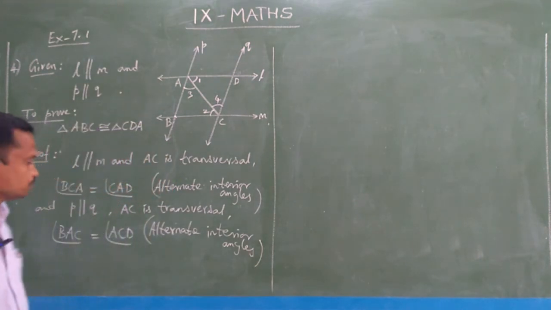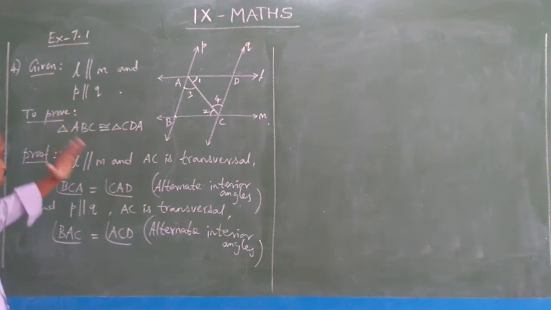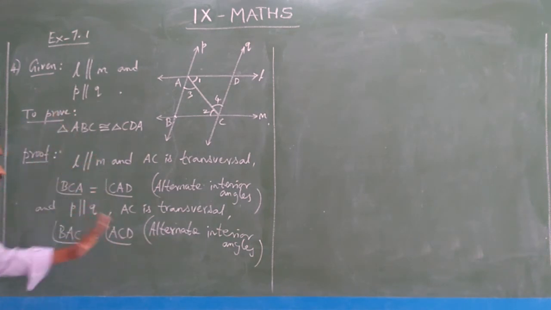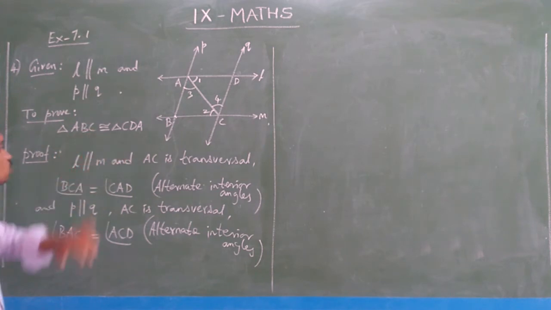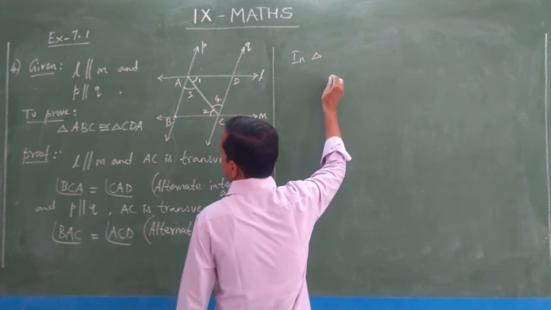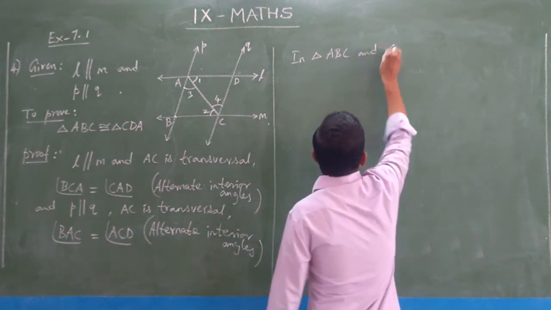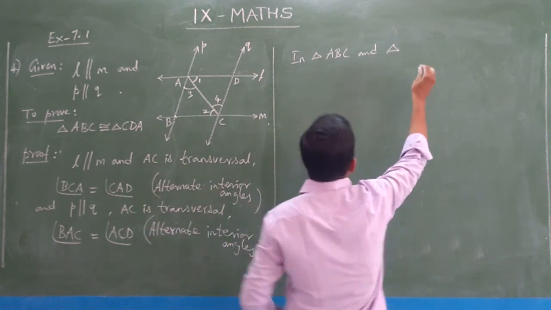Is it clear? And by the given matter, we have done up to this. And coming to the proof, these two triangles are congruent. For that, we have to take in triangle ABC and triangle CDA.